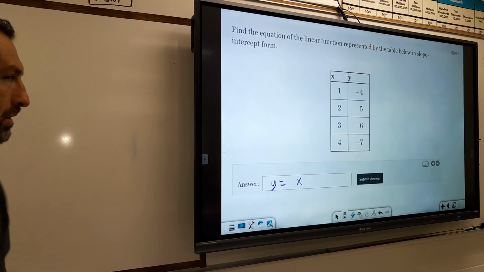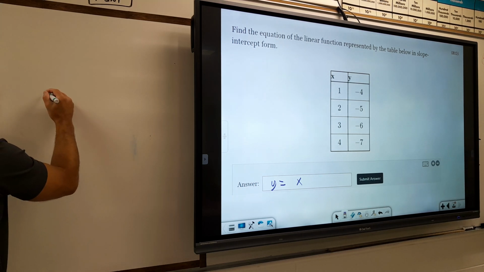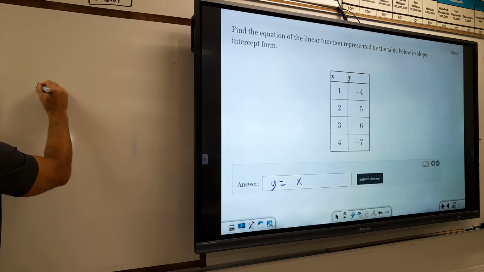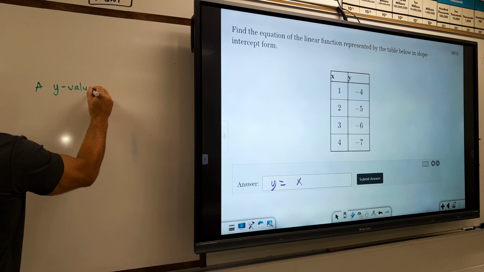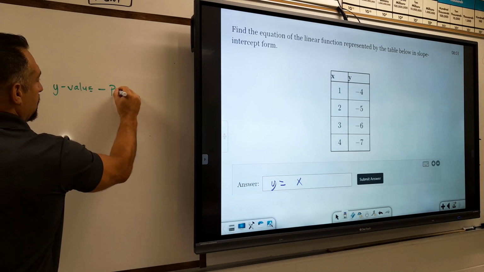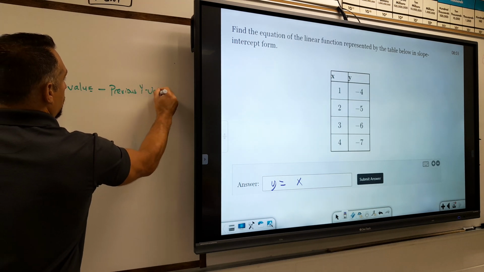If you get stuck with the negatives and you're going to have a calculator, you will want to take a y value and then subtract it from the previous y value.